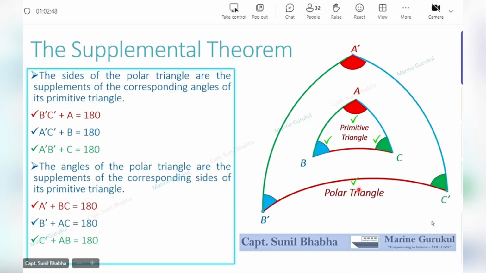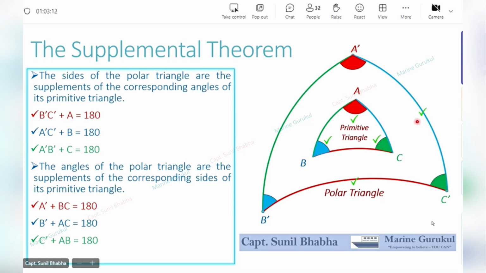So we can easily find side B'C'. Likewise, angle B of the primitive triangle plus side A'C' of the polar triangle add up to 180. So 180 minus angle B gives us side A'C' of the polar triangle.